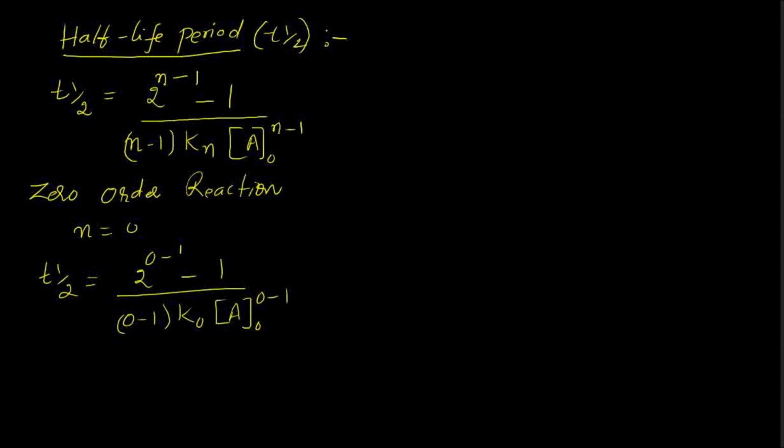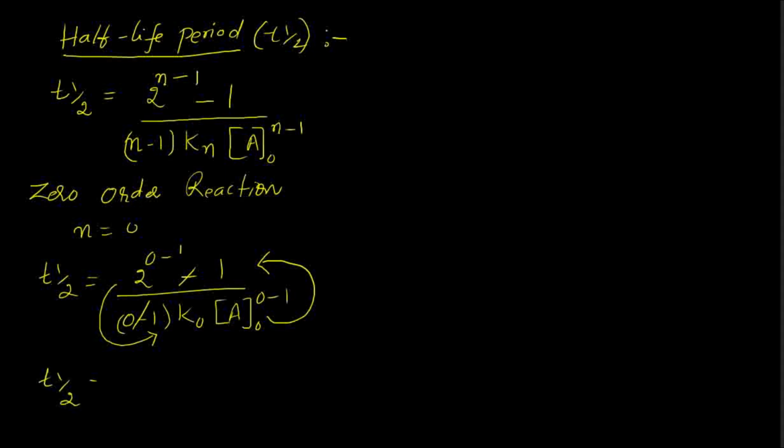Here that is 2 power minus 1, so the 2 goes to the denominator, the minus signs cancel, and a power minus 1 sends a naught to the numerator.